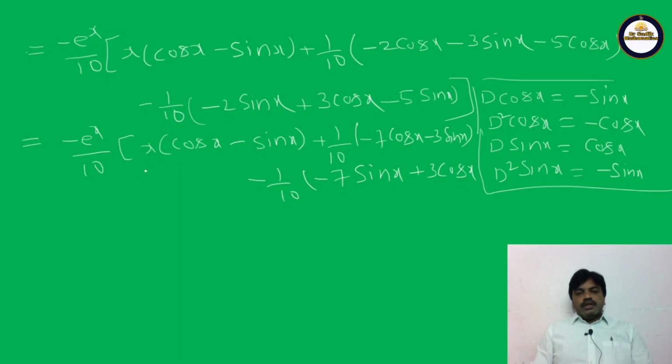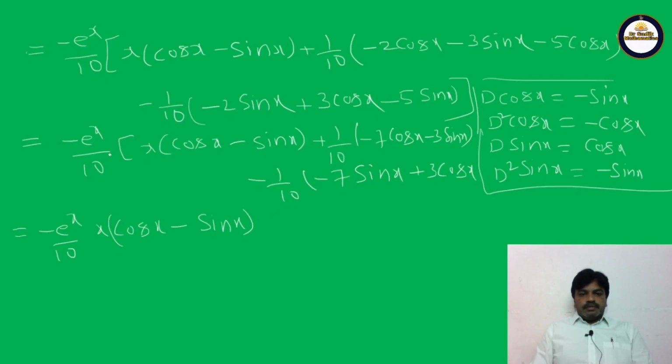Okay, friends, now multiply with minus e power x by 10, friends. We get minus e power x by 10 into x, cos x minus, put bracket here, sin x, bracket close.